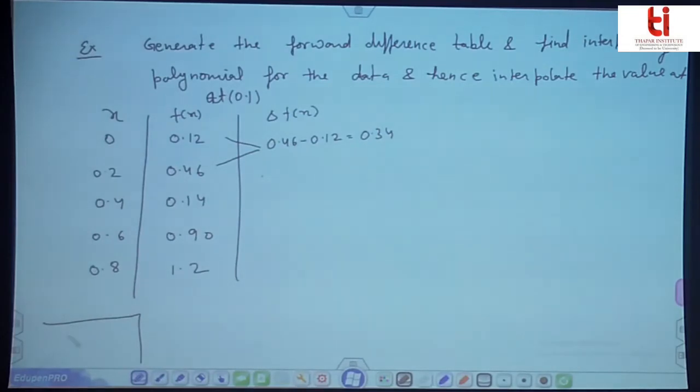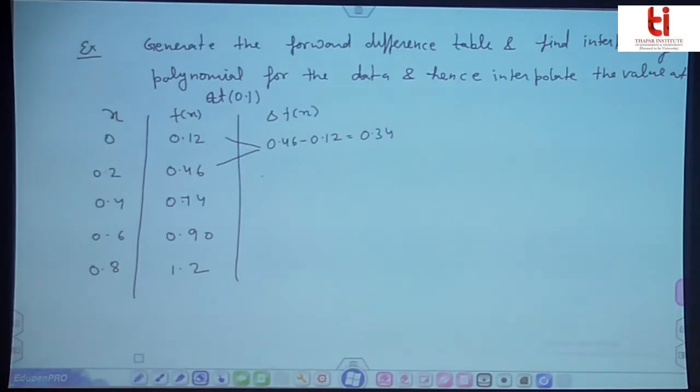Just a minute, minus 0.12, should be 0.74 with some calculations.